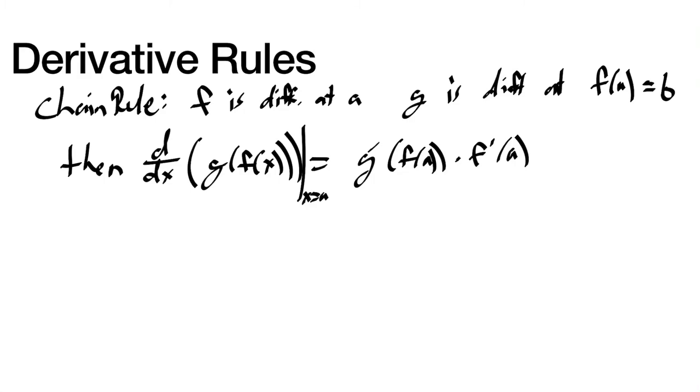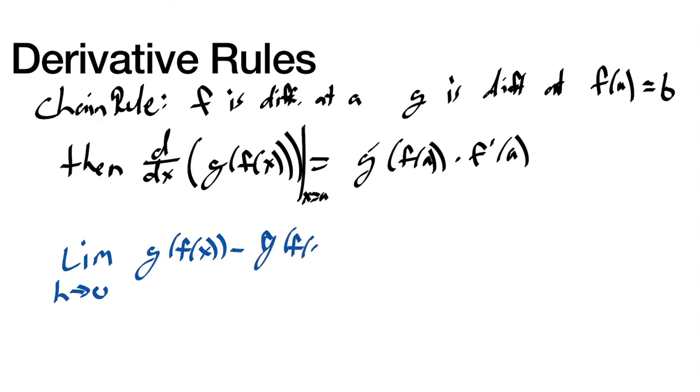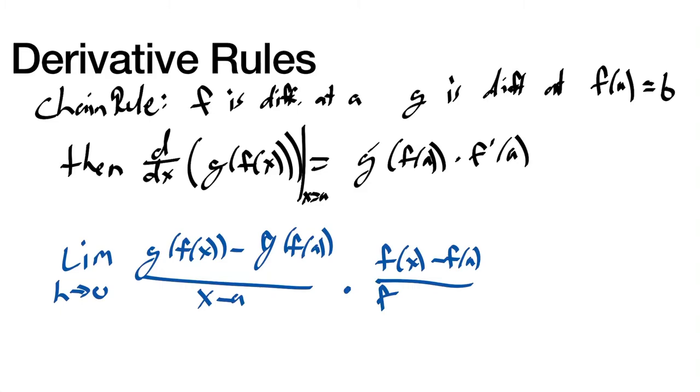And the way I prove it is I go, hey, this function, the limit as x approaches a of g of f of x minus g of f of a divided by x minus a. Well, what I'm going to do is multiply this by f of x minus f of a divided by f of x minus f of a.